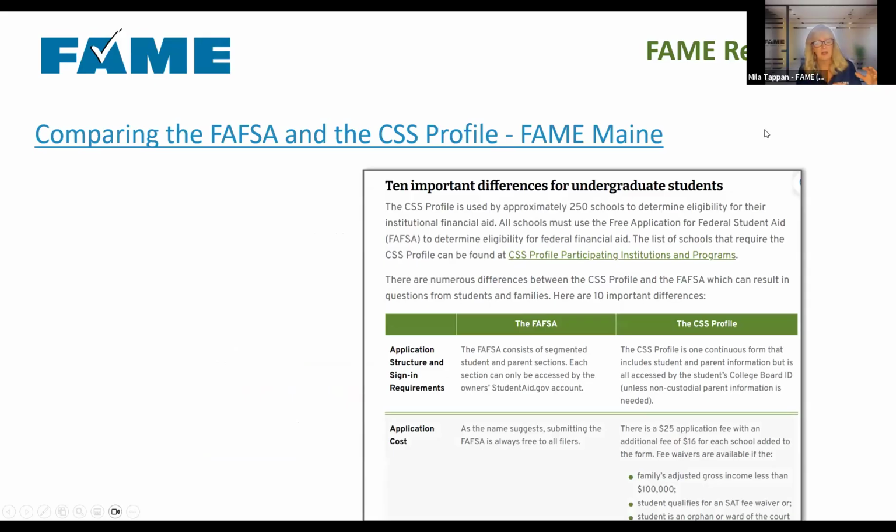The CSS Profile, aside from the fact that a non-custodial parent might have to provide information, if you've got a married couple, you're just going to do one form, and it just has one long section. So we talk about everything from that to the cost, to some differences in dependency status. When students are in foster care, that key age is 13 on the FAFSA, but it's 18 on the Profile. We'd love to have you take a look at this, and hopefully it's a very useful resource to you.